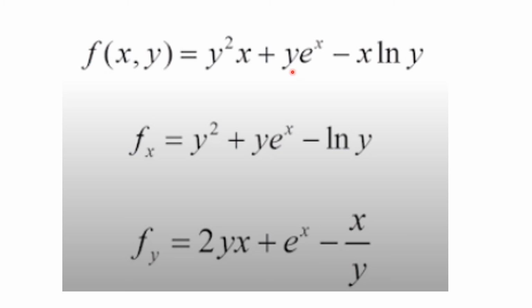It's a constant, but I take the derivative of y with respect to y, I just get e to the x. And here the x just sits there, but the derivative of the natural logarithm of y with respect to y is 1 over y. So f sub y is equal to 2yx plus e to the x minus x over y.